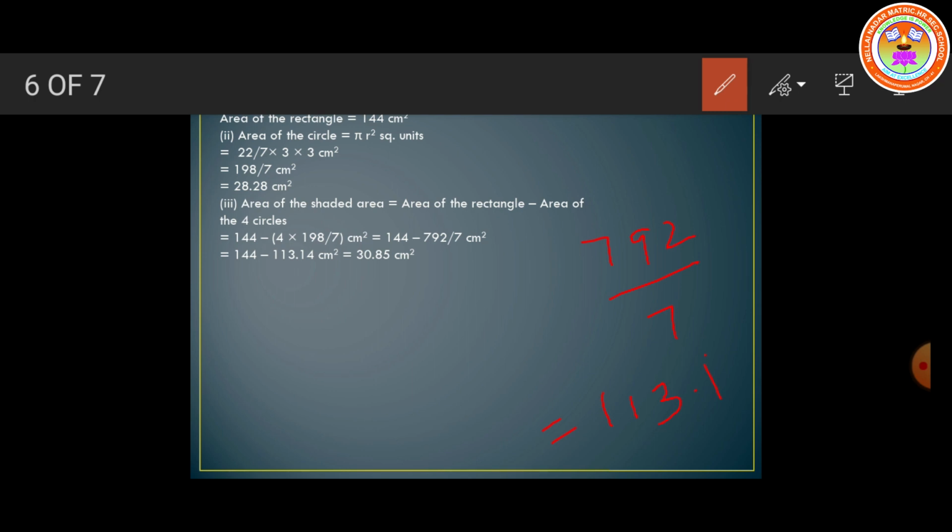So 7 ones are 7. Again 7 ones are 21. 7 3s are 21. Balance 1. Then 3, 30. How many times? 7 4s are 28. Can you understand? Now that's the answer. How do you find that?